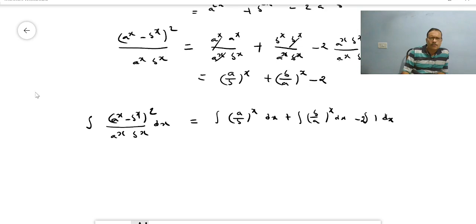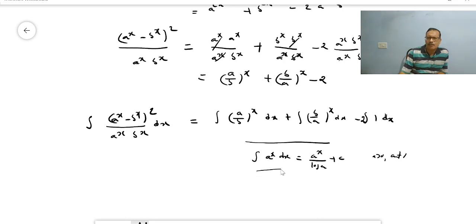Now, integral of a power x dx is equal to a power x by log a plus c. Here a is greater than 0 and a is not equal to 1.